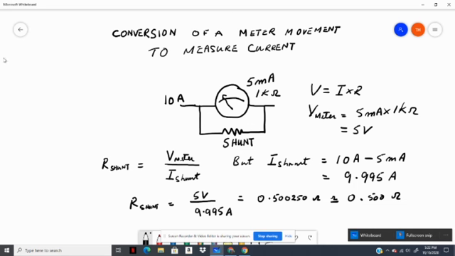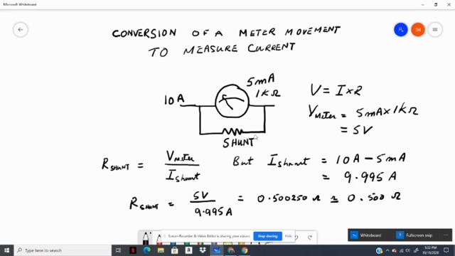So if we put a shunt resistor of 0.5 ohms across the meter movement, it can measure a maximum of 10 amps. 10 amps applied to the meter.